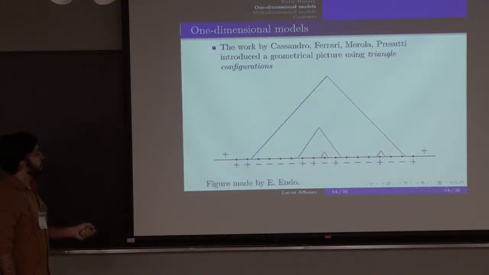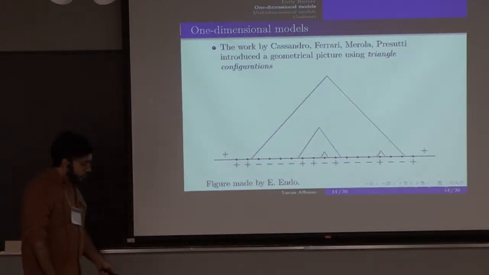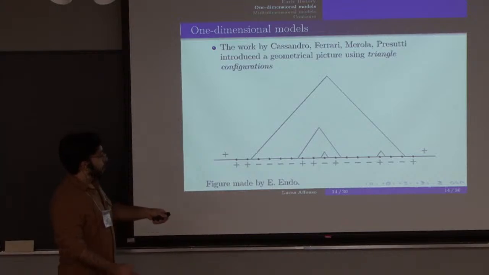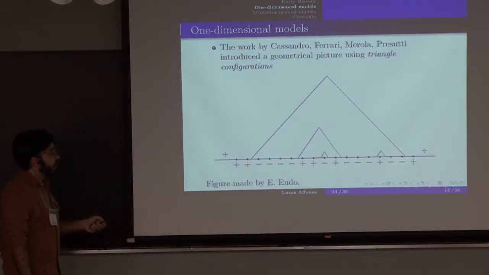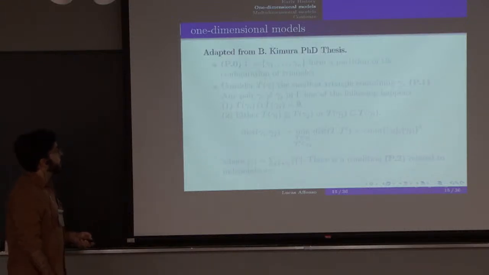Okay, the triangles are like the heads of the spin flips. And what you do is organize triangle configurations. There is a way to associate to a configuration a triangle configuration in an unambiguous way. And what they did is to organize these triangle configurations into their contours.